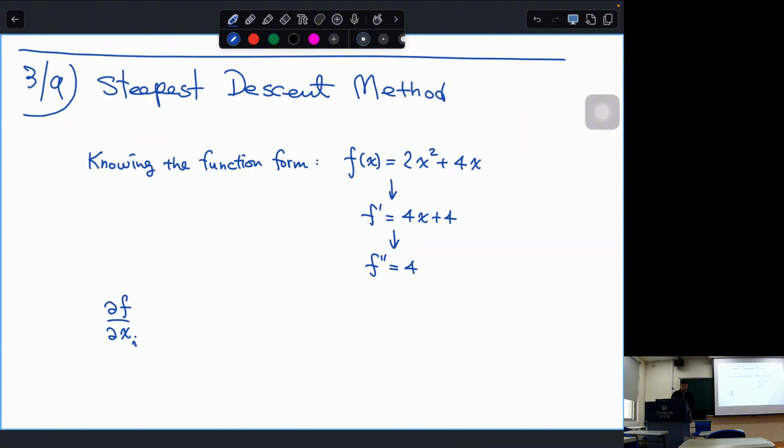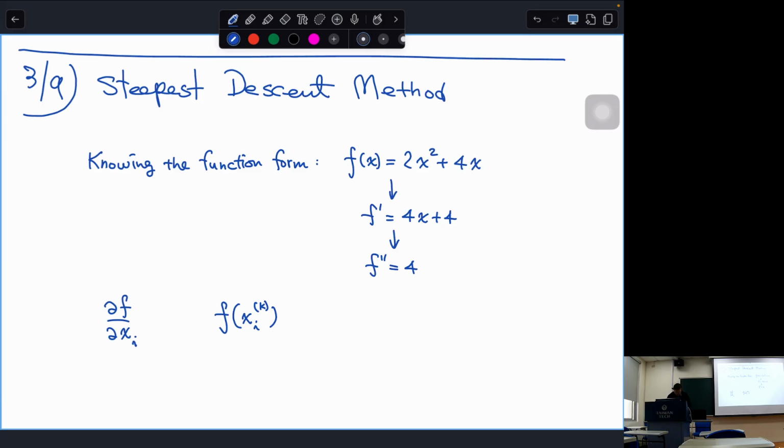Now you don't know the function form, so if you make an initial guess and crash the car into the wall, then it's like you know the function value at certain position of the x. So it's like this. You evaluate the function. So it's like you can do one experiment for it or one simulation for it. Then you know the result.